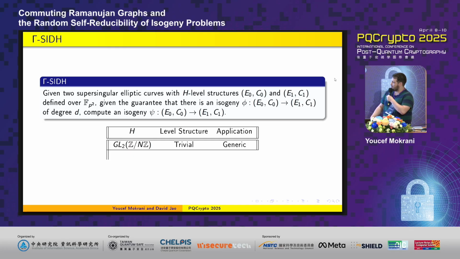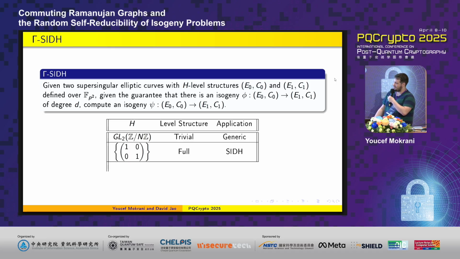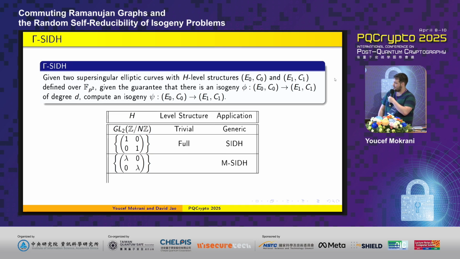And we can rewrite most SIDH variants in this gamma SIDH template. For example, the generic problem is what we call the trivial level structure, where H is the entire group. SIDH is the full level structure, where H is just the identity. If you want, for example, masked SIDH, you just take H to be the multiples of the identity.